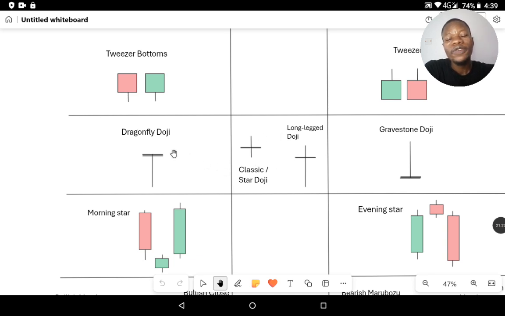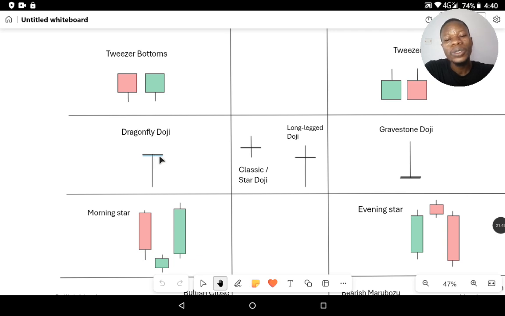But for the one that picks a side, we have the dragonfly doji. It is called the dragonfly doji. When you have this at the support level, what does it interpret? The market was at first bearish, but the buyers were able to offset the sellers' power, and they had to settle, at least if you can't take it down, we have to put the market where it started.